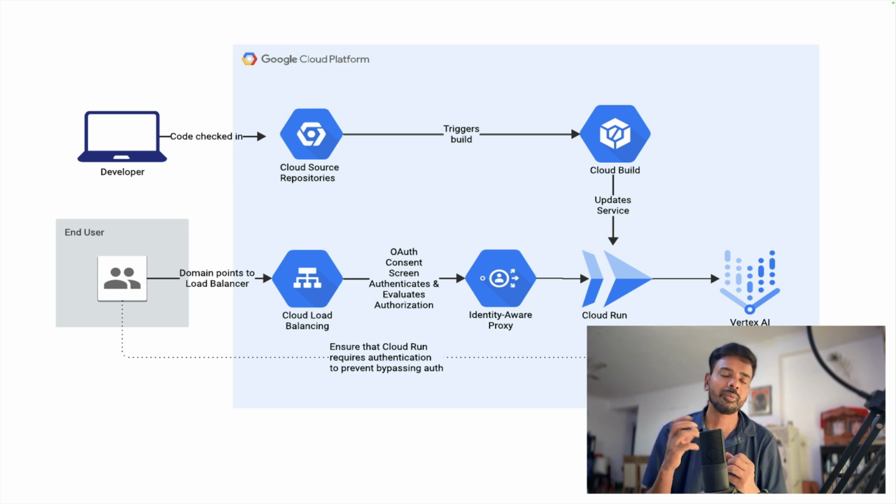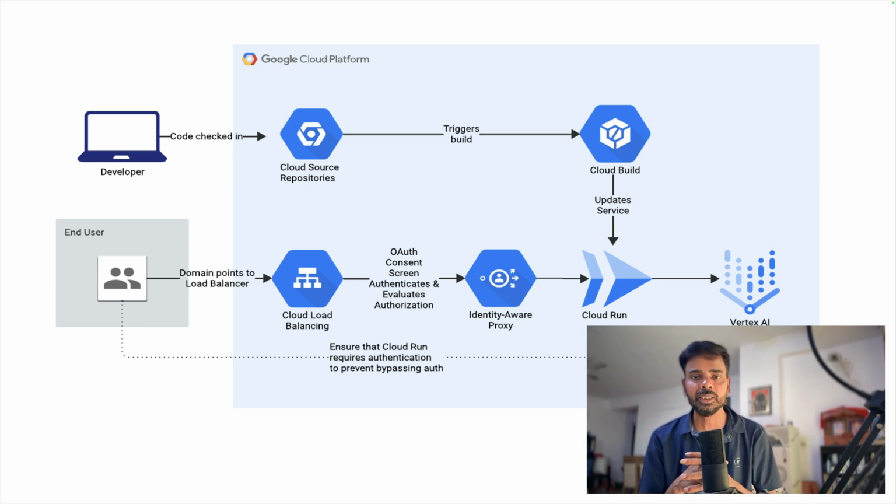And then in Vertex AI, I will write the code with the plugin to call Gemini Pro 1.5 to work with my generative AI application in my Python based code. So this is all about the whole architecture.